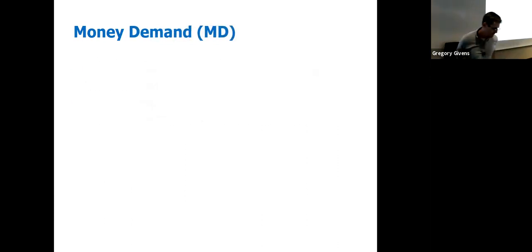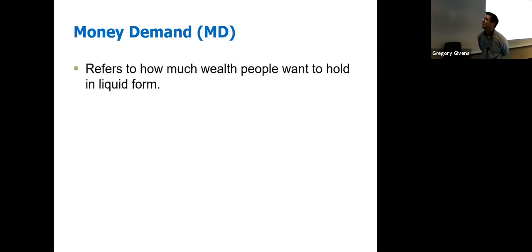Okay, how about money demand? Let's talk about that for a few minutes. This is a little bit more complicated. What does money demand refer to? If we think about it, money demand really just comes from people's decisions about how much of their wealth they want to hold in liquid form, right? Remember what wealth is.